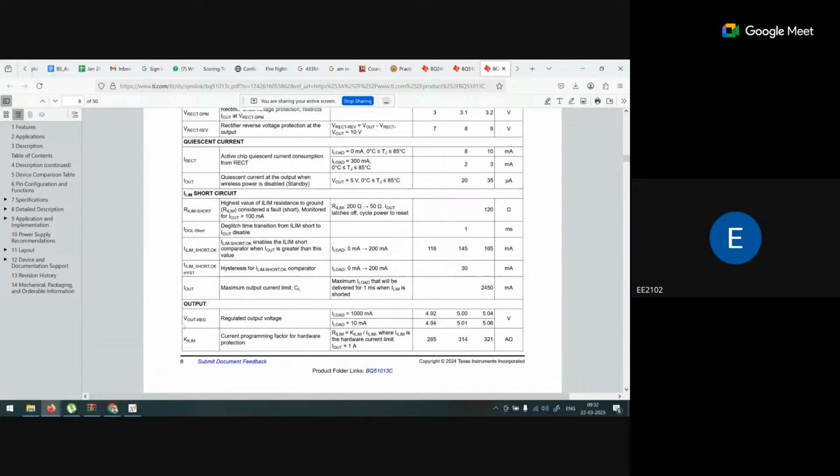The regulated output voltage is provided between 5 and 5.01 in this data sheet.